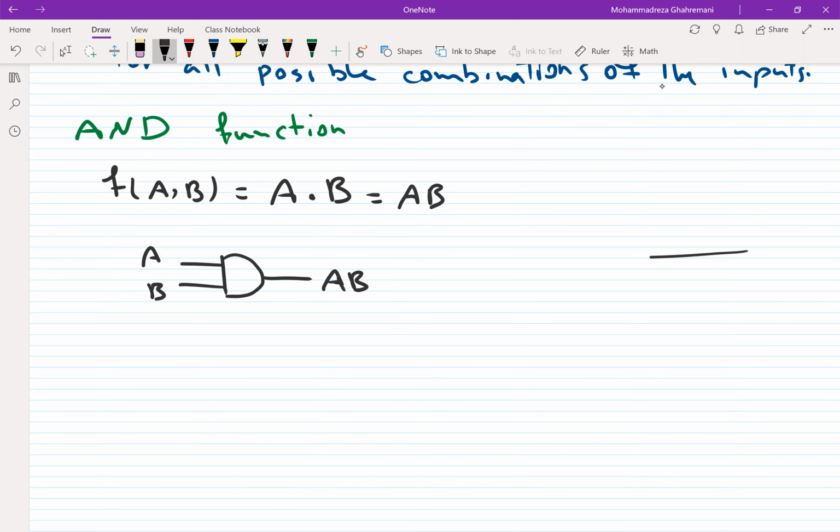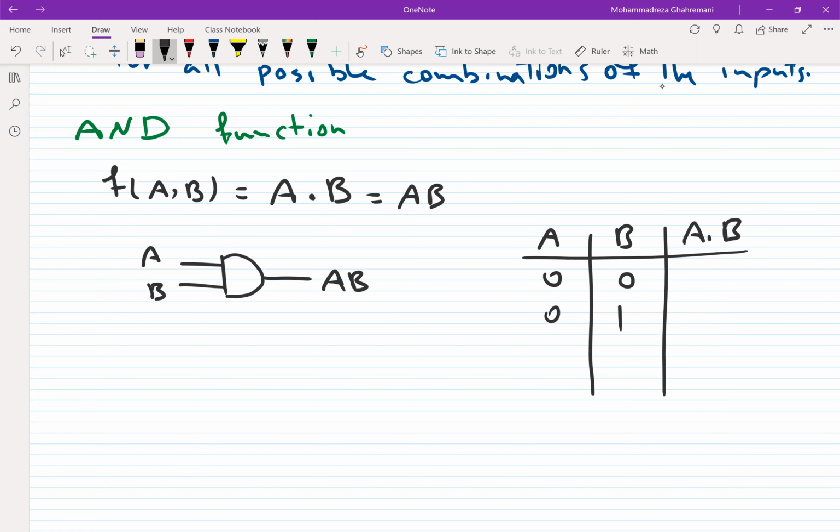The truth table for AND function is like this table. The inputs are listed on the left, and on the right we have the output. We write all possible combinations for the input. So we have 0 0, 0 1, 1 0, and 1 1. The output of an AND gate is 1 only if all the inputs are equal to 1.